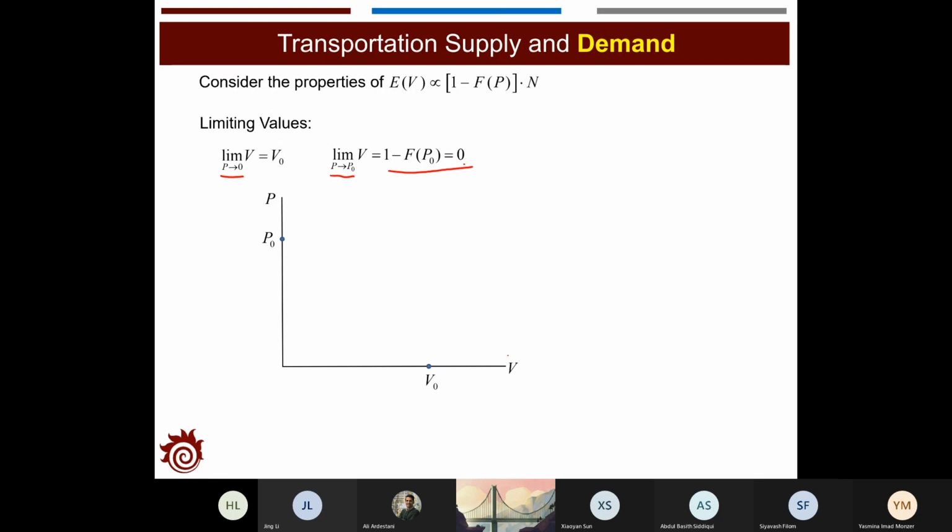At the cost equal to 0, you will find the maximum volume as V0. At the cost of P0, the volume is 0. And there will be some lines in between connecting V0 and P0 in this region to show the relationship between the demand and the supply.